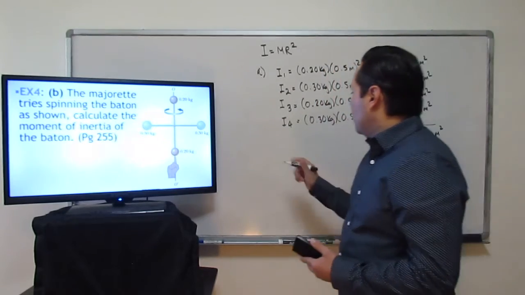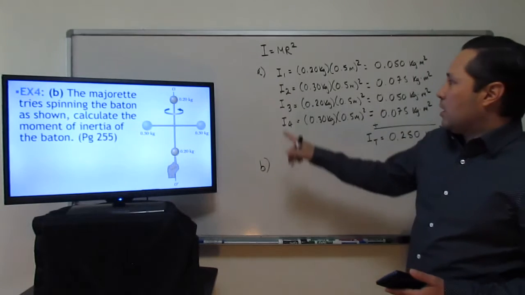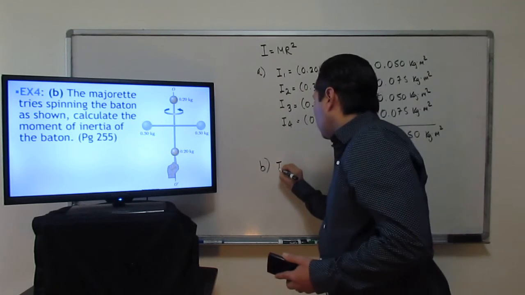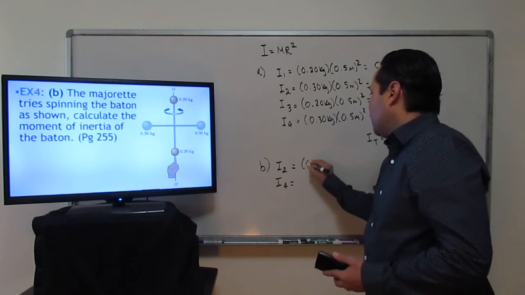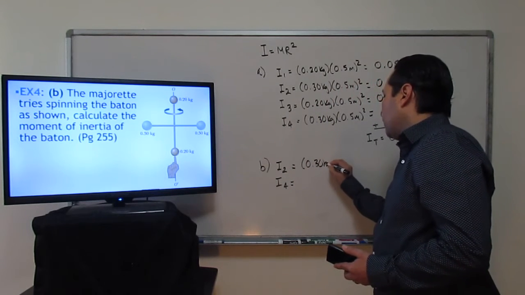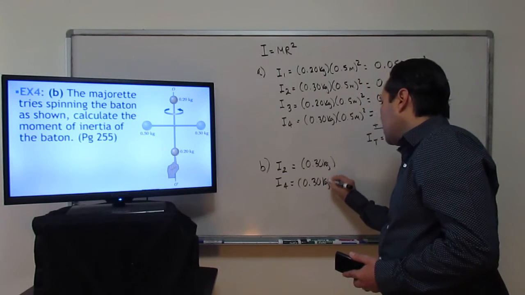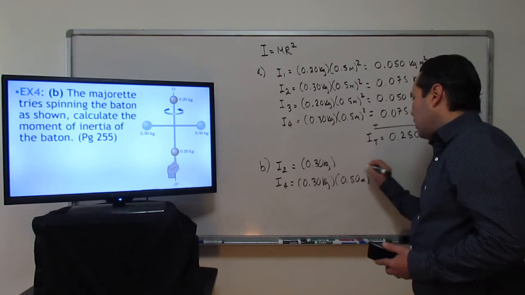All right, so I'm going to do part B right here. And for that one, it'll look just like 2 and 4 right here. So I'm going to write those down again. It's the same formulas. 0.3 kilograms for each of them, and they're both at the same distance of 0.5 meters squared.